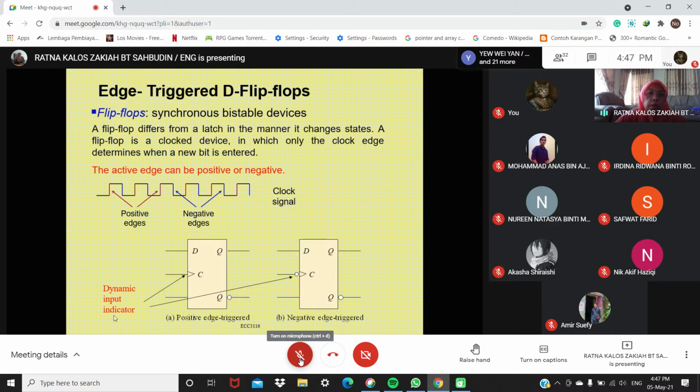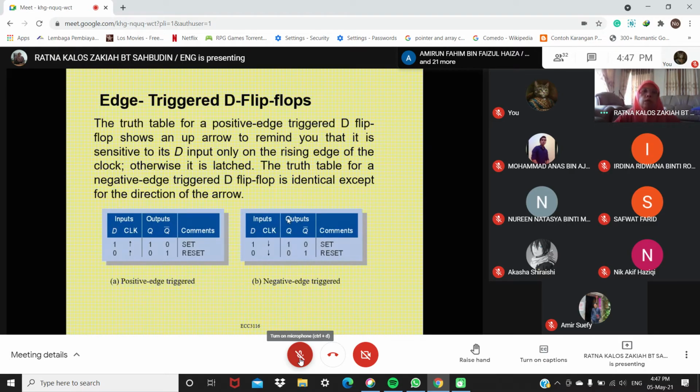So this is the dynamic input indicator. This is positive edge triggered when you don't have a bubble. When you have a bubble here, this is negative edge triggered. Edge triggered D flip-flop: the truth table for a positive edge triggered D flip-flop shows an up arrow, to remind you that it is sensitive to its D input only on the rising edge of the clock, otherwise it latches.